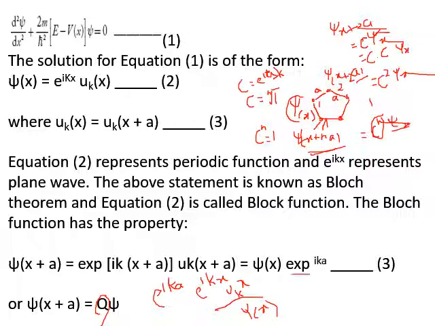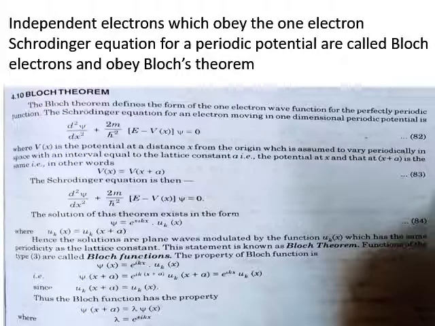Okay, so what is this? This is the statement of Bloch theorem. So there we are getting the two statements. One is given by the equation number 2 and another one is given by the equation number 3. Okay, now I'm talking about the new thing, that electron.